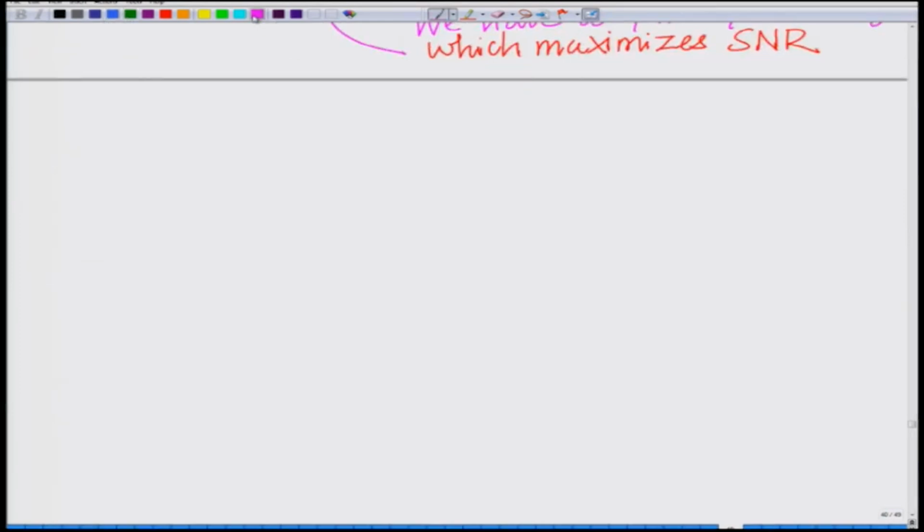Our idea is that the SNR is an important metric and the higher the SNR the better, that is maximum signal power and minimum noise power. So we would like to maximize the signal to noise power ratio.